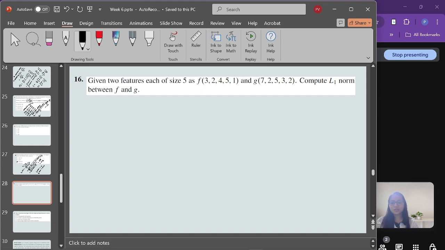Now the next question is again to calculate the L1 norm, and here the two feature vectors of size 5 are given. We have already calculated this many times. So L1 norm is the absolute summation of the differences of the two vectors.